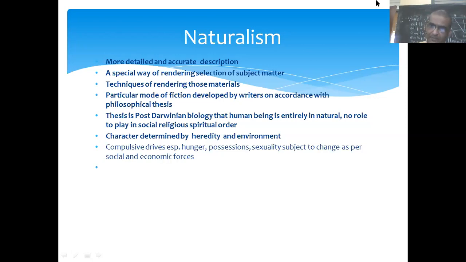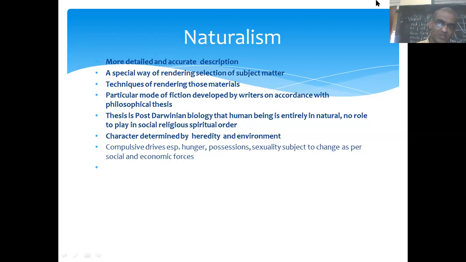So it's a kind of treatment that the author gives to the selection of the subject matter. At the same time, the author uses a very realistic technique to render this raw material for the novel, to create an effect in the whole novel.